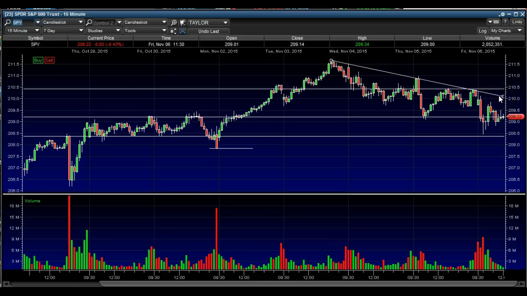Levels moving lower, we've got some support right about 208.50, and then just below 208, I believe it's about 207.90, 207.95. There's a gap to fill from the close of, let's see, 3 days ago right here when we ran up over here.